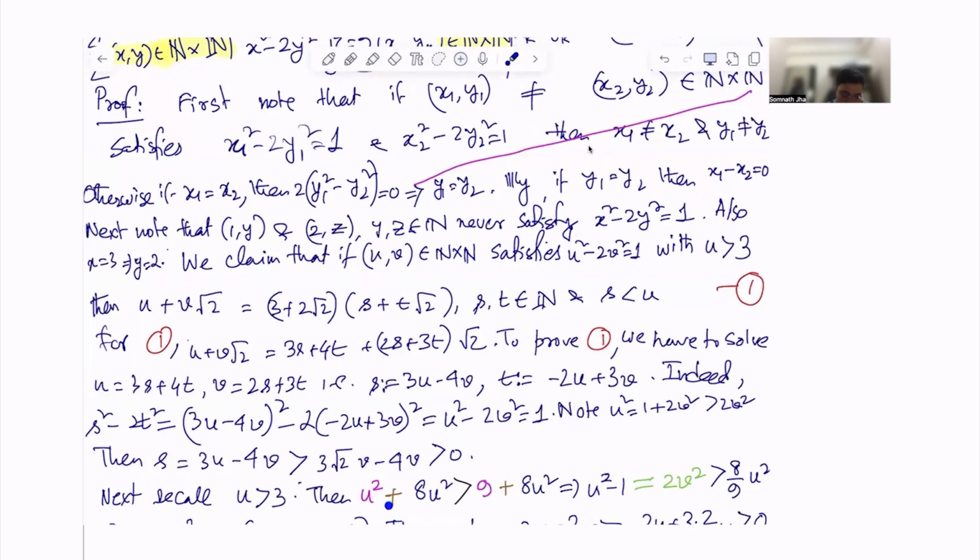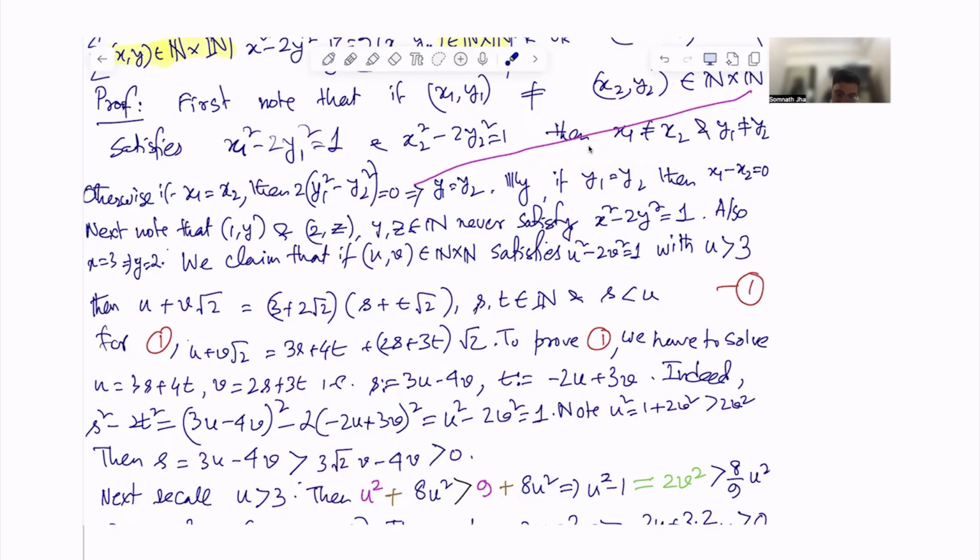That means 9u square minus 9 is greater than 8u square.